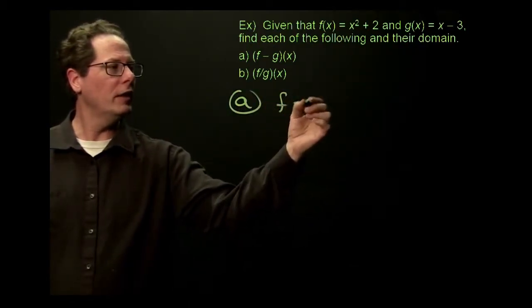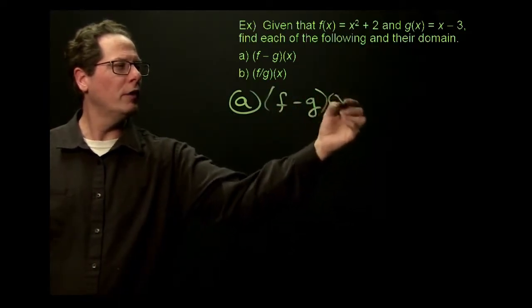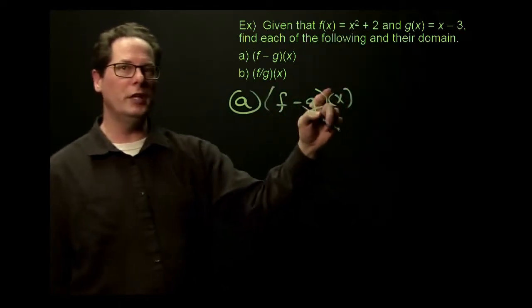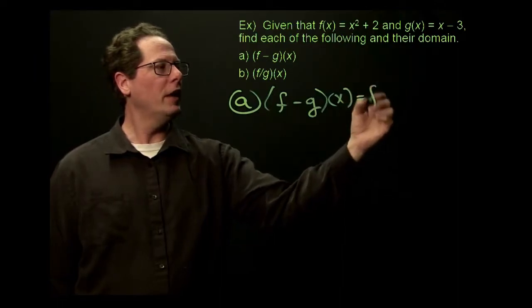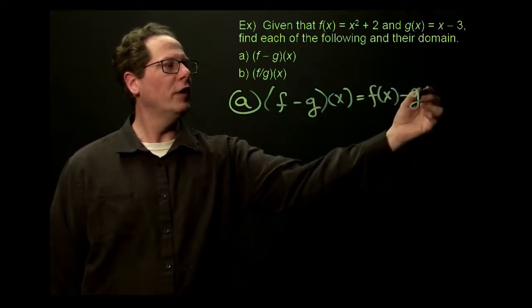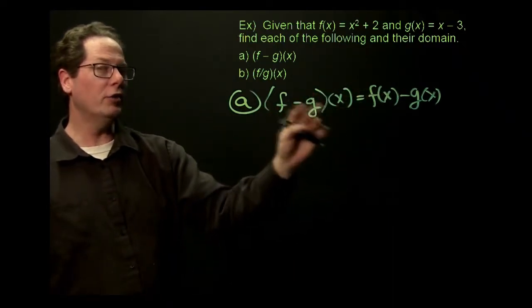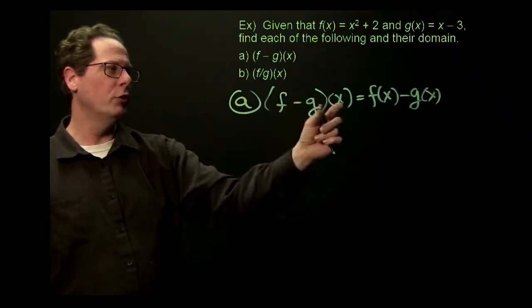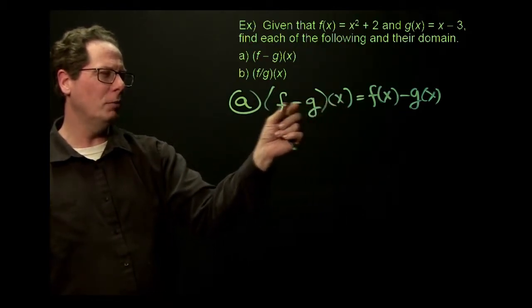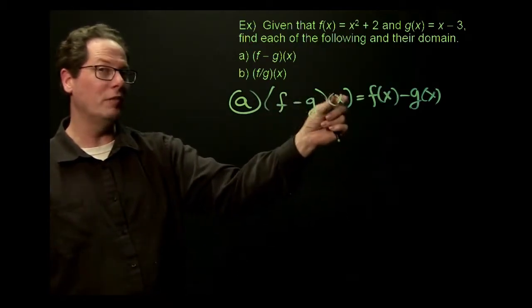F minus g is a new function, and what this means is f of x minus g of x is a new expression. This "of x" is just notation, not times x.